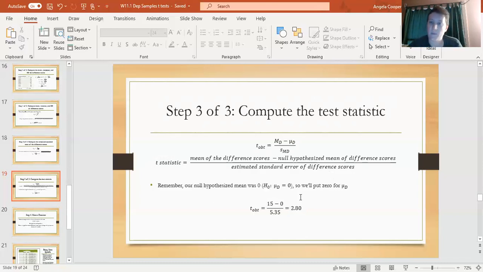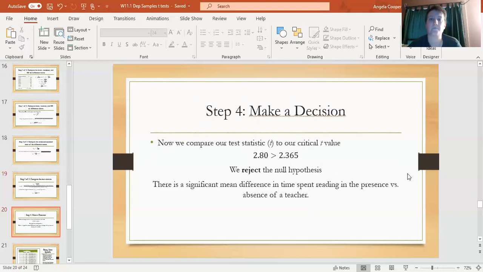Whew, there we go. Now we make a decision. So now we're comparing our obtained test statistic, that 2.8, to our critical T value, 2.365, which we determined through the T table. Since our test statistic is greater than our critical value, 2.8 is indeed larger than 2.365, we would reject the null hypothesis.